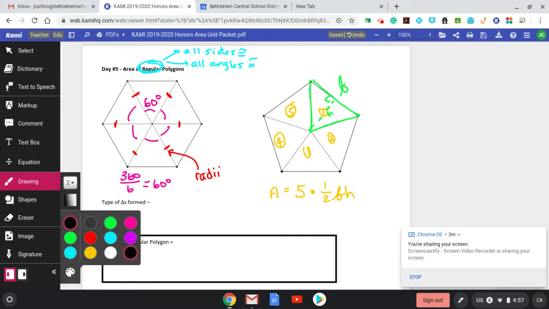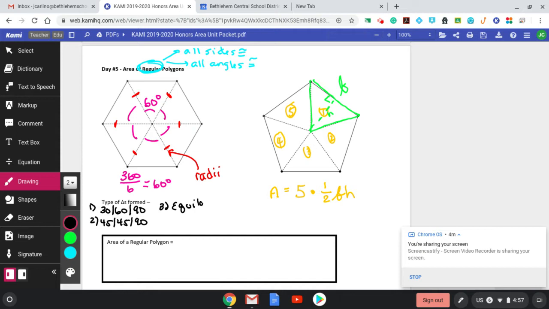And the different types of triangles we're going to see here are 30, 60, 90 triangles. Yes, we're going to see 45, 45, 90 triangles. And we're going to see equilateral triangles. All different types we've seen before.